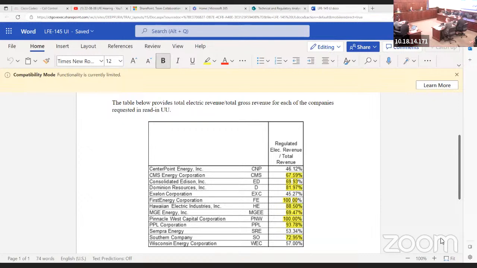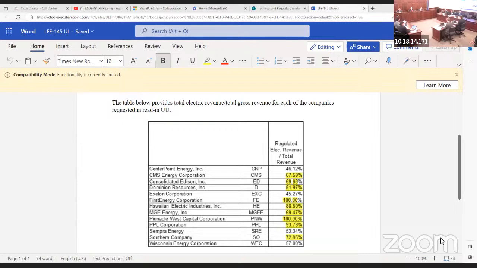Would it be possible to supplement 145 to have the capital structures of these companies in a similar presentation to what you did in pre-filed testimony, the UIAEB 13, where you're showing the operating companies? And just so you know, if it involves reinventing the wheel, if it's not something that you have, then I guess we'll have to work with what we have.